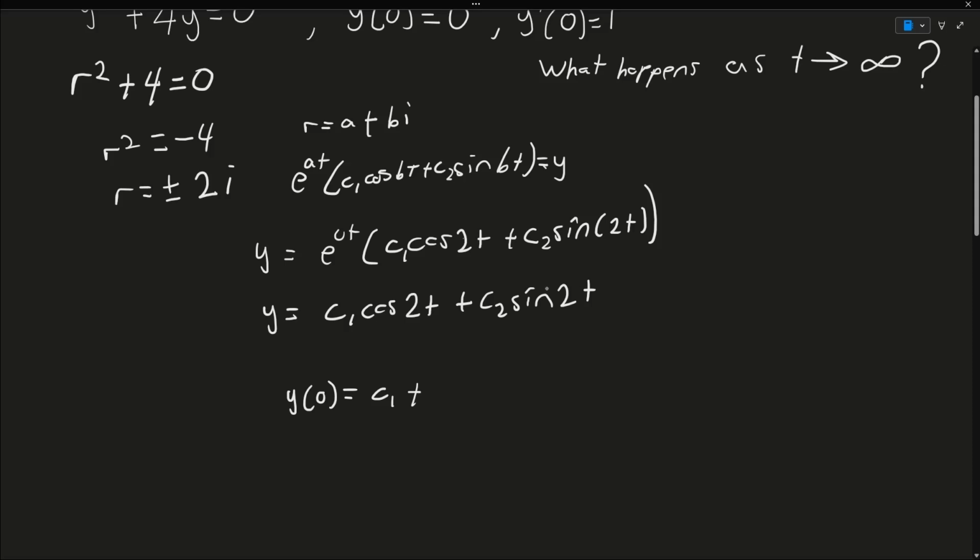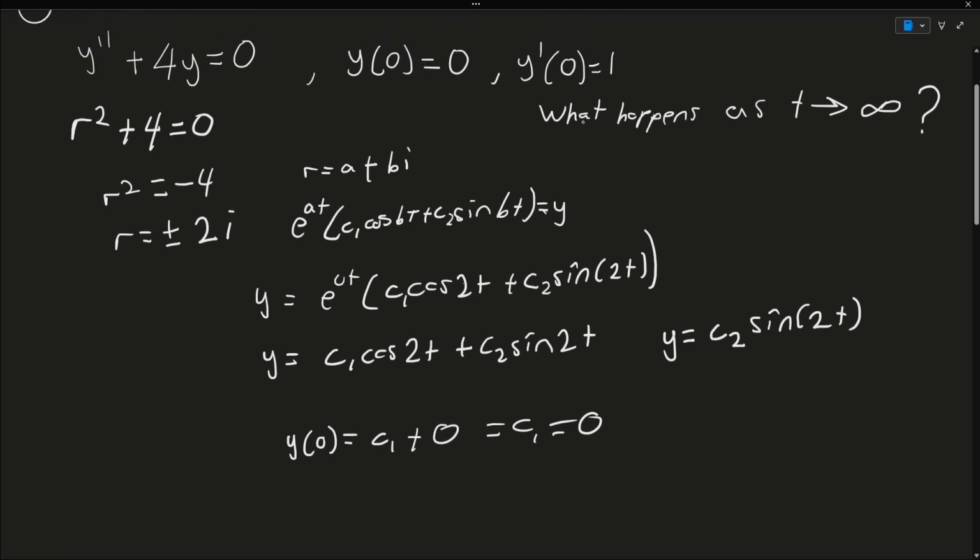Plus sine of 0 will be 0, so we will not add anything. So c1 plus 0, which is c1, and c1 is equal to 0. This means that we do not have a cosine term in our solution. So we can write this solution as just c2 sine of 2t, since c1 is 0.